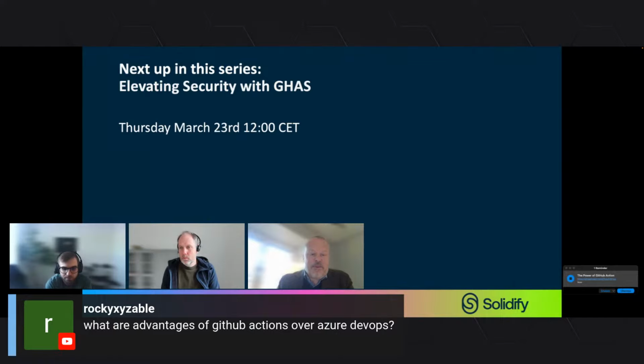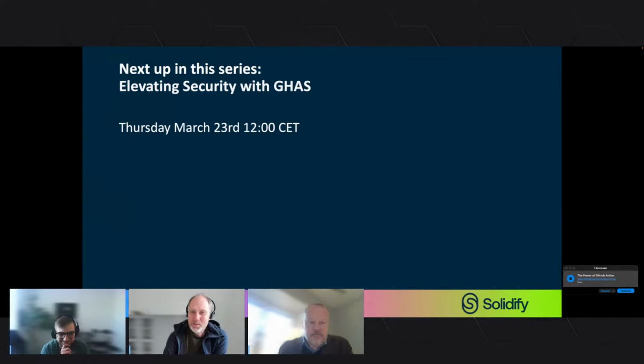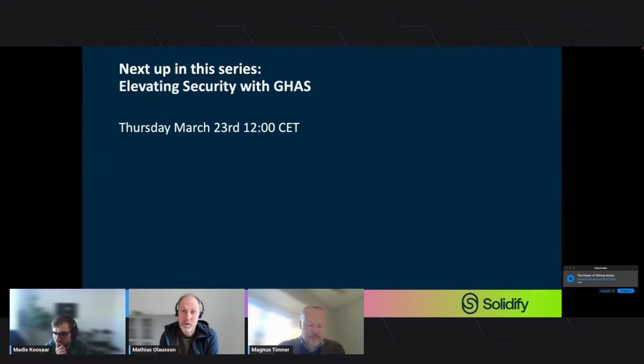And Matthias, I think we have a question for you. It's always hard to answer, so I give it to you this time. So what are the advantages of GitHub Actions over Azure DevOps? So let's see what you think. Yeah, that's a crystal clear question. No, I think there's so much similarities in the two systems, so you can achieve pretty much the same thing with them. And even though we didn't touch on that earlier, there is actually a legacy from Microsoft in GitHub Actions in that they got inspired and used a lot of the solution from Azure DevOps when GitHub Actions was first created.